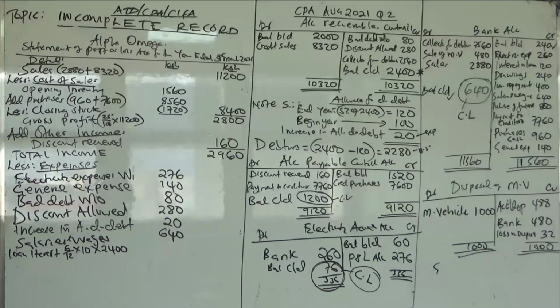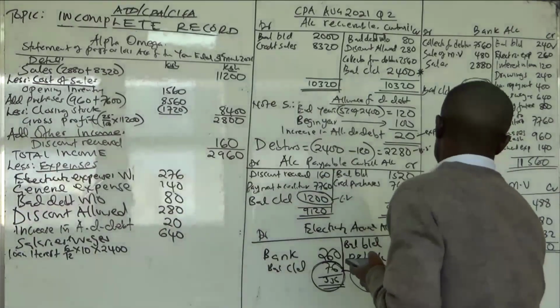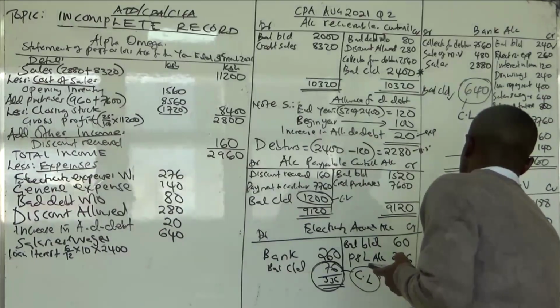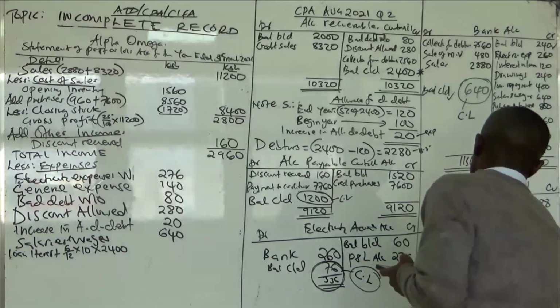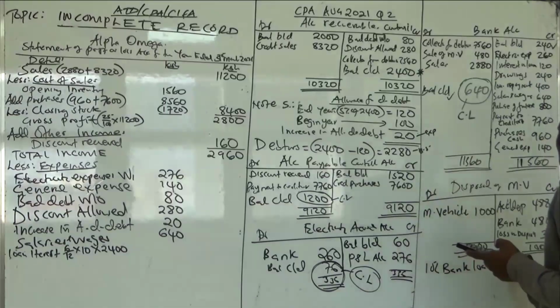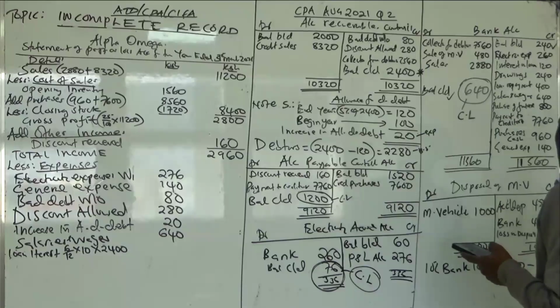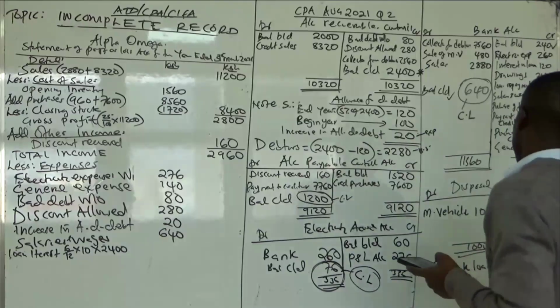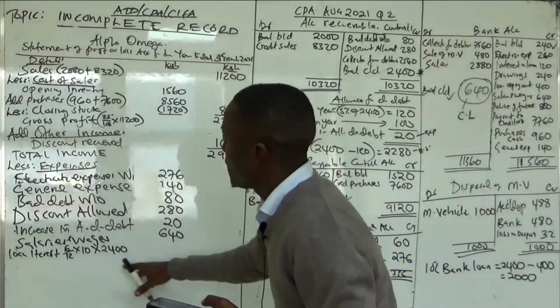Another thing, let me check if there is another one paid. There is loan repayment. They paid a loan repayment of 400. Tell me if they had already paid 400. So they paid 400. The 10% bank loan was how much? 400. They paid 400. How much remains unpaid? 2000. We must add 10% of this again. So this means this is what they gave at the beginning.